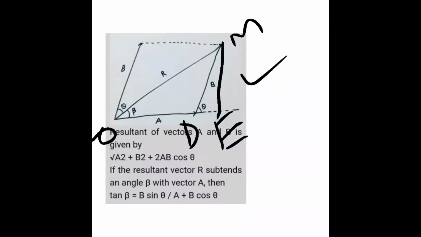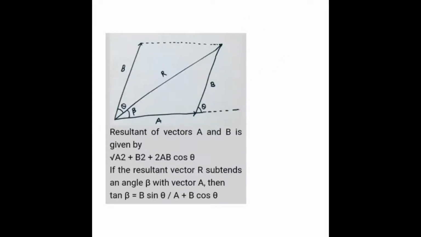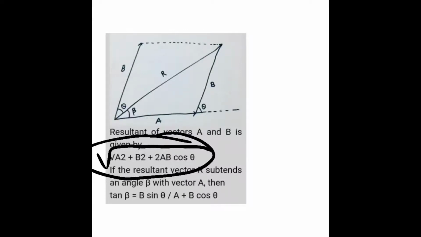Okay, so by considering these two triangles and calculating sine and cos, we will get the formula, that is R vector equals root under A square plus B square plus 2AB cos theta, with the root covering the whole expression. Okay, so R vector, that is the resultant of the parallelogram law, is root under A square plus B square plus 2AB cos theta.